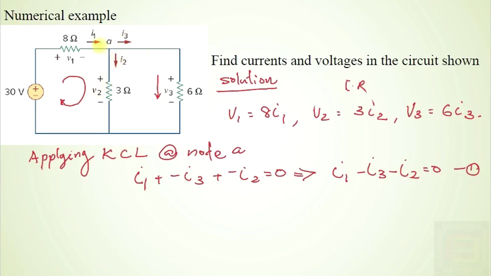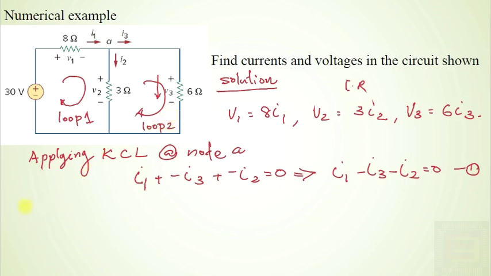Then you can solve those 3 independent simultaneous equations to get a unique solution. So one equation is I1 minus I3 minus I2 equal to 0. The other 2 equations can be obtained by applying Kirchhoff's voltage law to the loops. So this can be considered as loop 1 and this is loop 2.